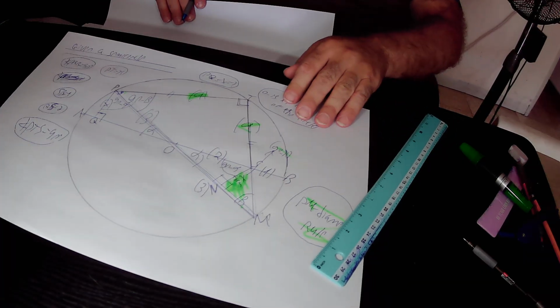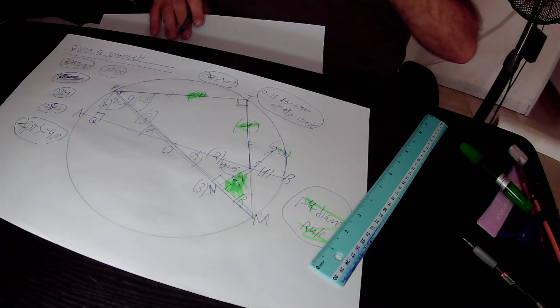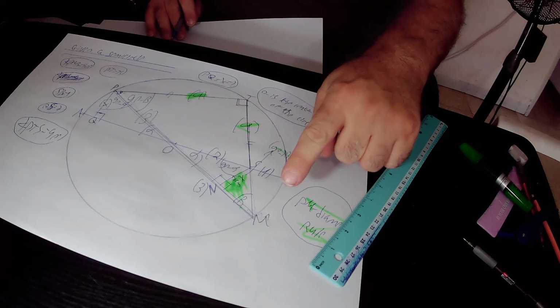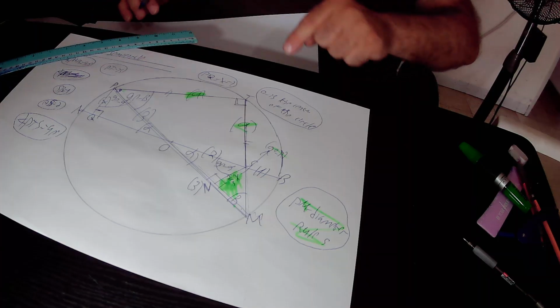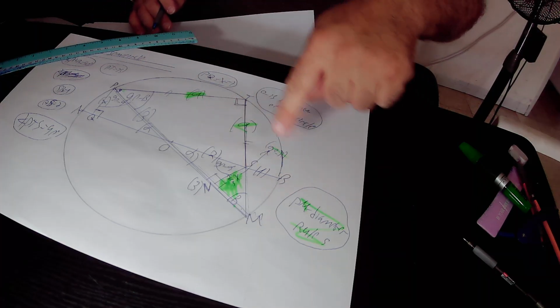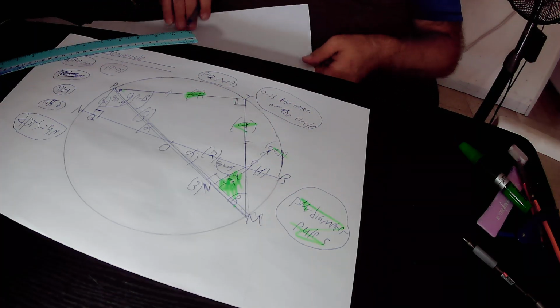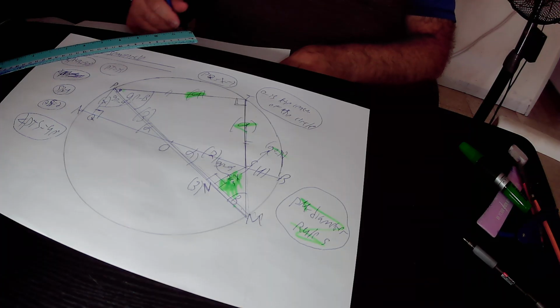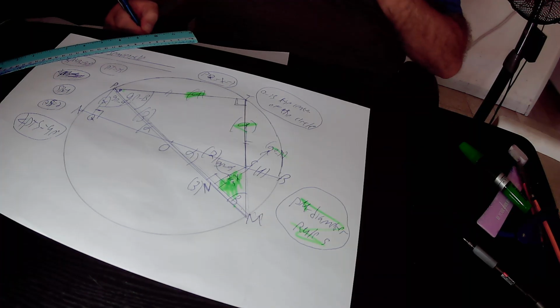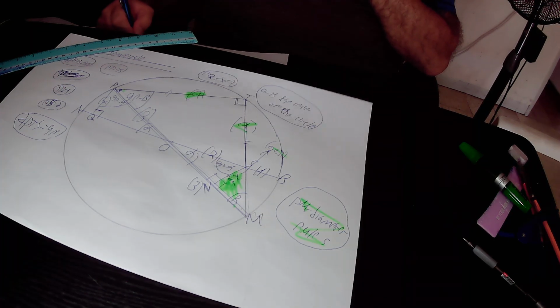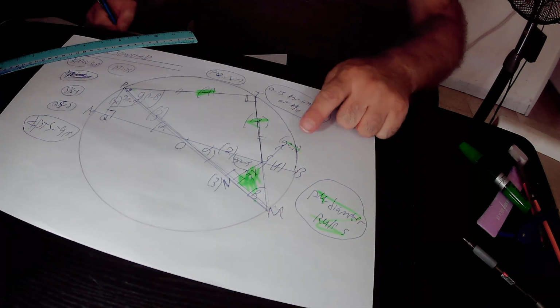According to rule 15, the following equation will be true: TS times SM equals AS times SB. So I write it down: TS times SM equals AS times SB.